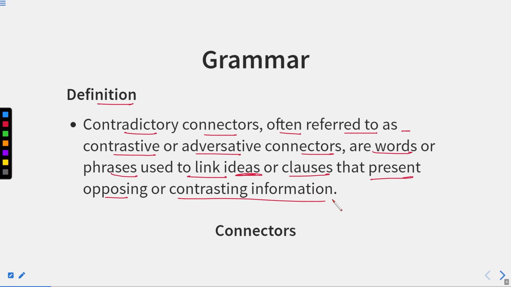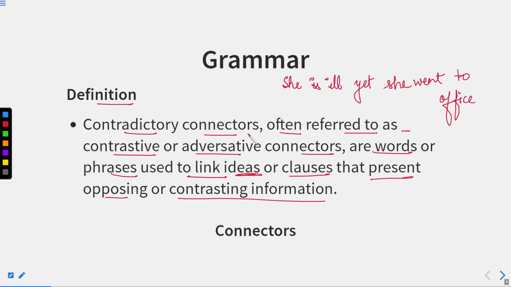For example, if I say, she is ill, or she's suffering from fever, yet she went to office. Now here, if she is ill, she should take rest. But here, the situation is opposite. She's ill, yet she went to office.